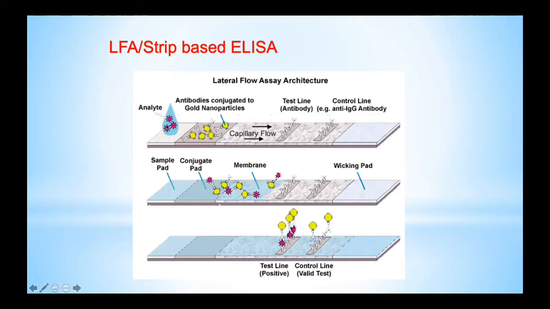If the virus occurs in that sample, the specific antibody designed to bind with the antigen from the sample will bind with the antigen, and it flows here and is indicated on the test line.